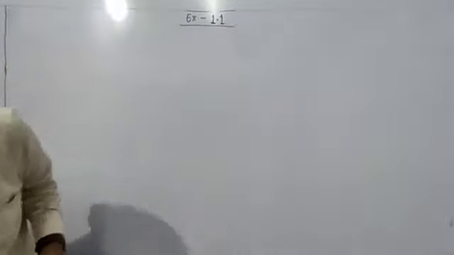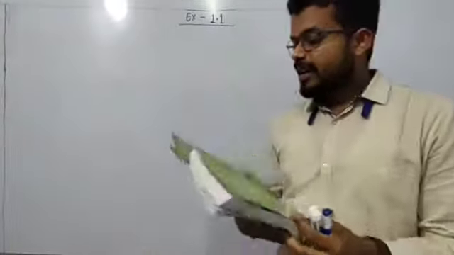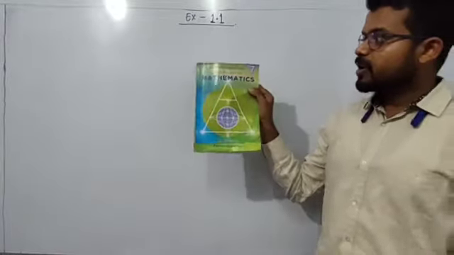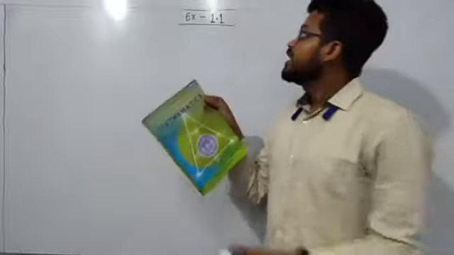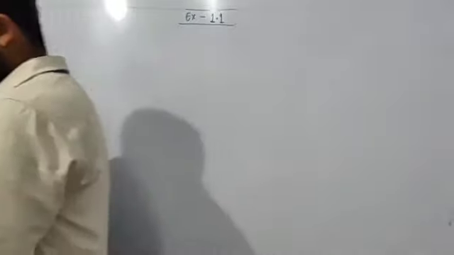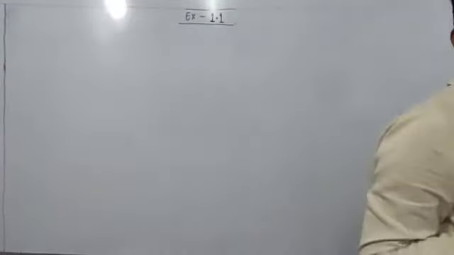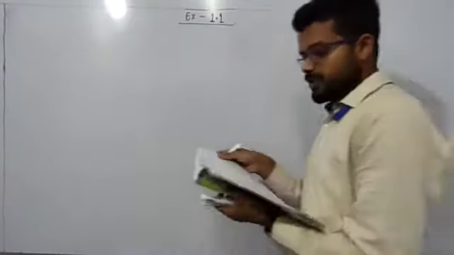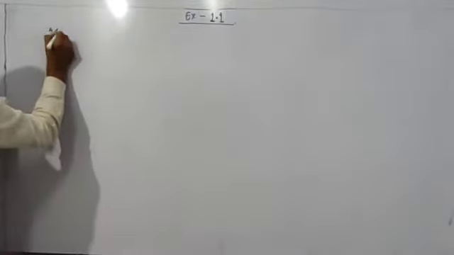So today we will solve exercise number 1.1 from the class 7 book, Innovative Mathematics. The chapter is integers. The first question is related to additive inverse.